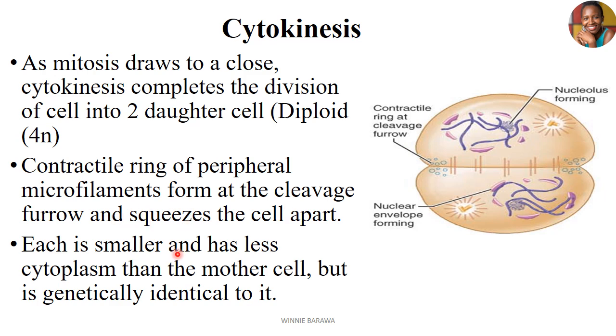So each is smaller and has less cytoplasm than the mother cell, but they are genetically identical to one another. So here is our cytokinesis happening. A contractile ring has formed at the cleavage furrow, and our two daughter cells will be produced. They will look smaller than the parent cell, but they'll have the same genetic characteristics as the parent cell.